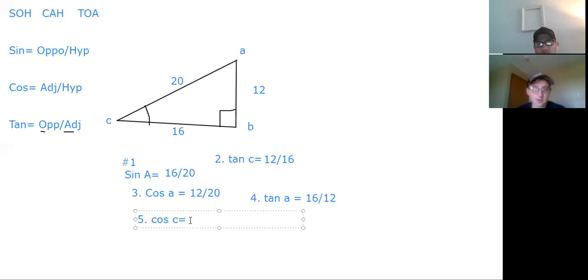No. The biggest one's always hypotenuse. Just remember, hypotenuse, hippo, big. So if we're using cosine, adjacent would be 16, over what? Hypotenuse. 20. Yeah.